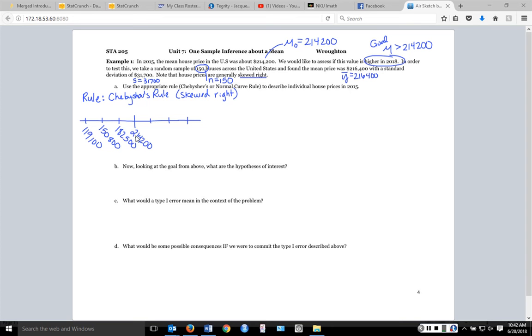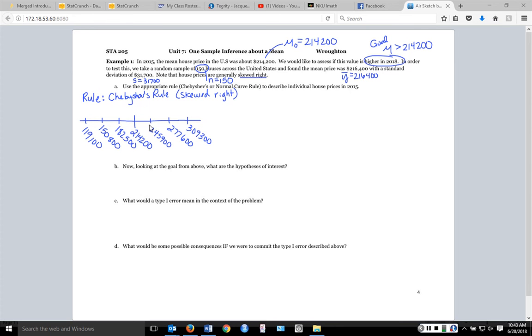So starting at our 214.2, add the $31,700, and we get $245,900. Add it on again, $277,600, and add on one final time, $309,300. So that's just first doing the math.